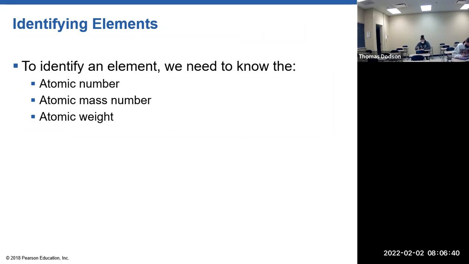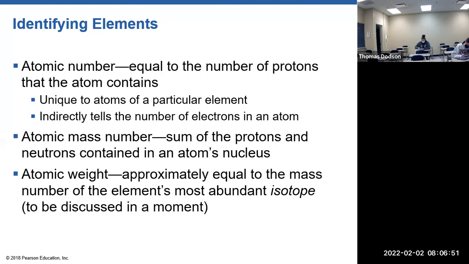Okay, so you've got to know atomic number, atomic mass, and atomic weight when you're trying to understand an element. Atomic number is equal to the number of protons that the atom has, and that's a unique number for every element.